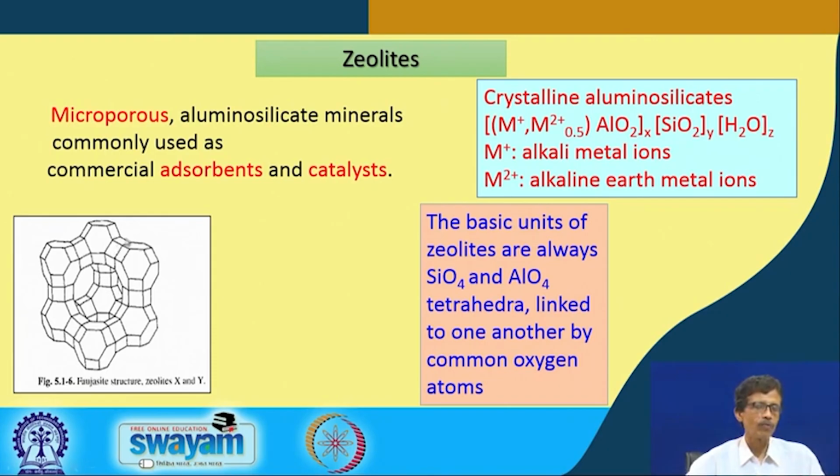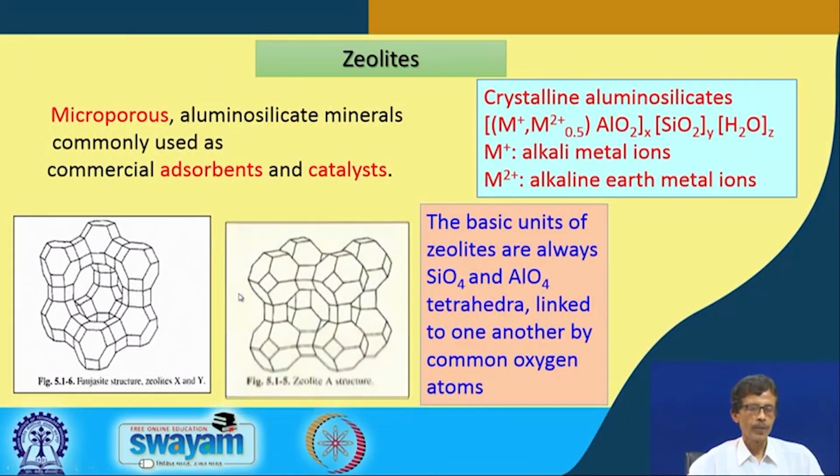You have the square faces, the number of square faces can be more, but through this particular area you have only the square channel, and this is hexagonal. So, the entire structure has only windows that are either hexagonal or tetragonal, the square one.